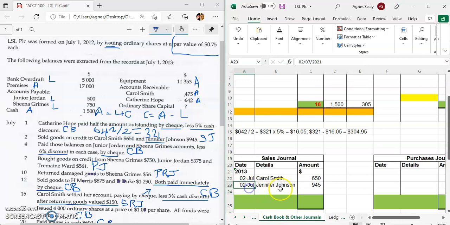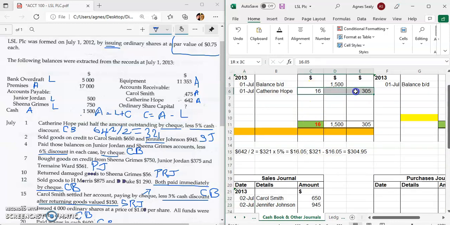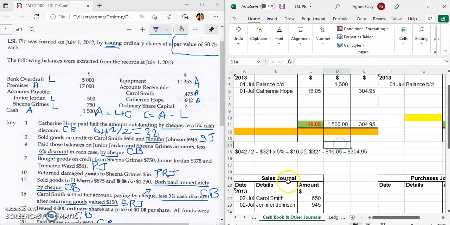Right? So that is with respect to our transaction on the 2nd.